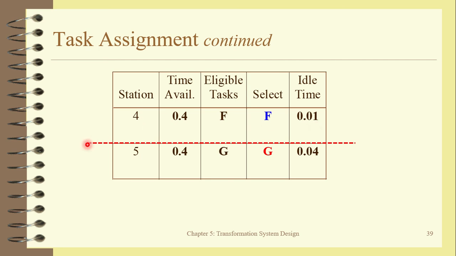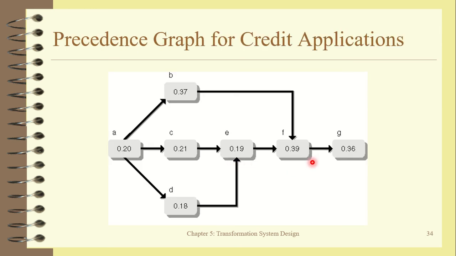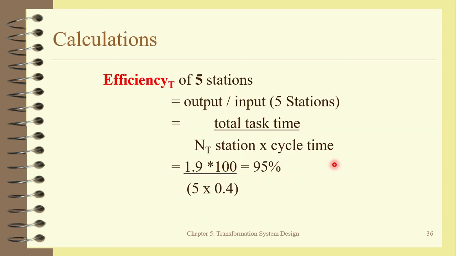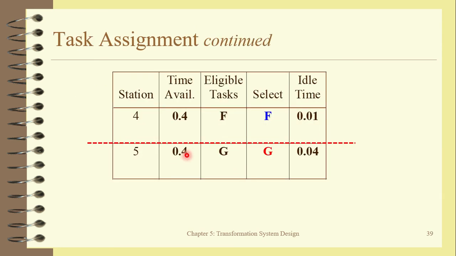So you have to close workstation 4 and then open the next workstation, that is workstation number 5. Again, the cycle time is reset to 0.4, and the only task that you can select is G, the last task, and G requires 0.36.